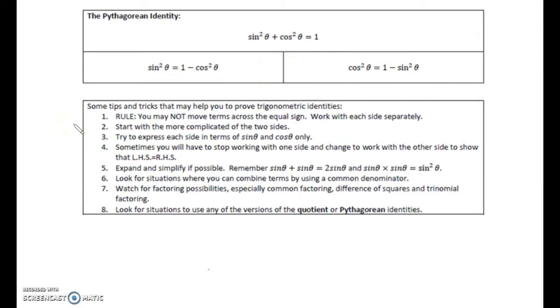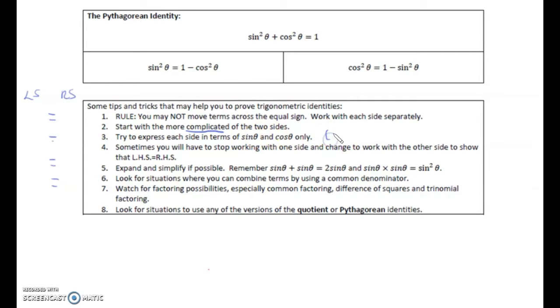Here are some tips and tricks that might help you to prove trig identities. Here's the rule: you cannot move terms across the equal sign. Just work with each side separately. All the way down your page, you should see a bunch of equal signs. Keep the left side as the left side, keep the right side as the right side. Start with the more complicated of the two sides and try to express each side in terms of sine and cos only.